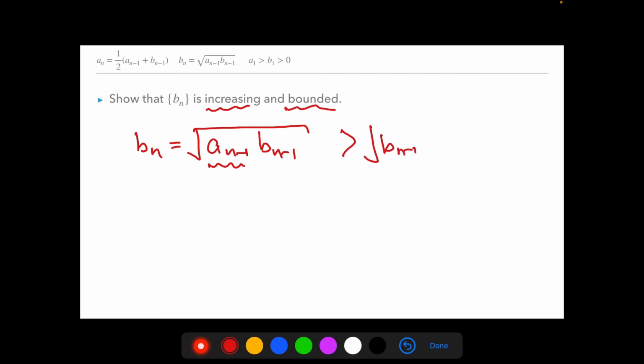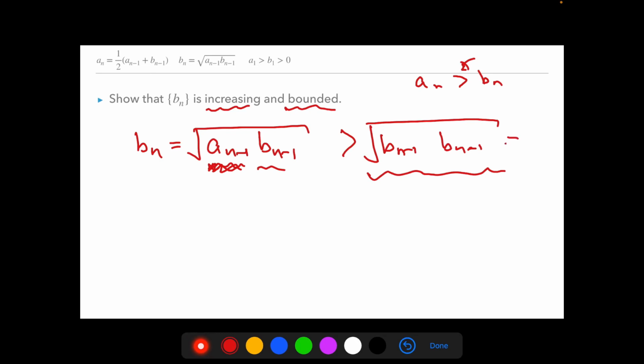This is from this fact that the arithmetic mean is greater than the geometric mean. And we've shown this in the previous slide. So now that we know that a sub n minus 1 is greater than b sub n minus 1, and this part here remains the same, now we have this expression, and this expression here is also equal to b sub n minus 1. And therefore, b sub n is always greater than b sub n minus 1 for all n.